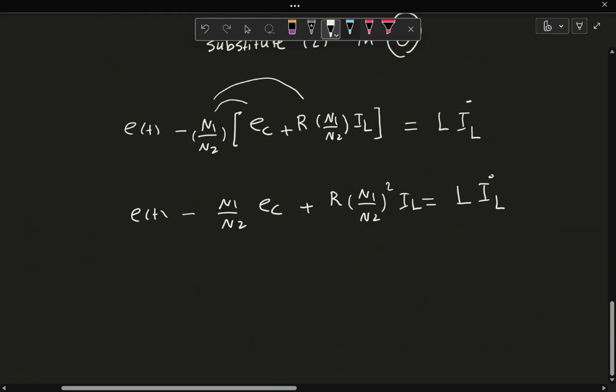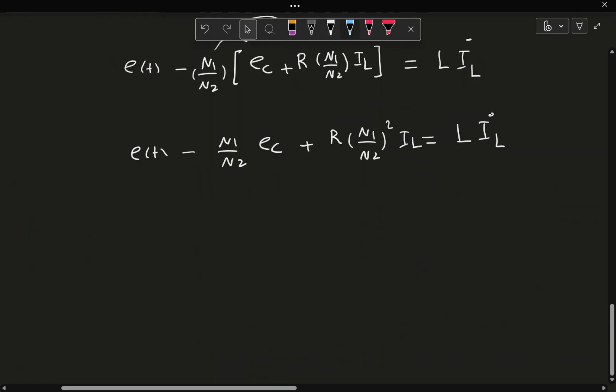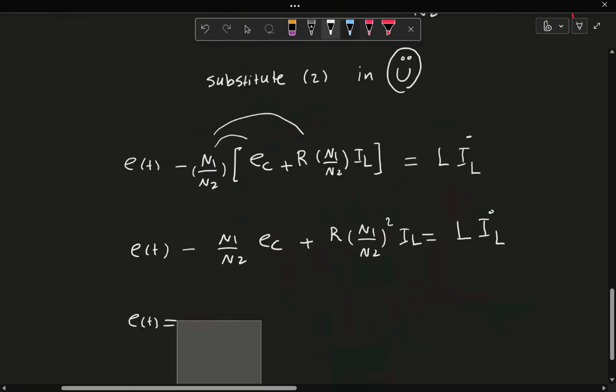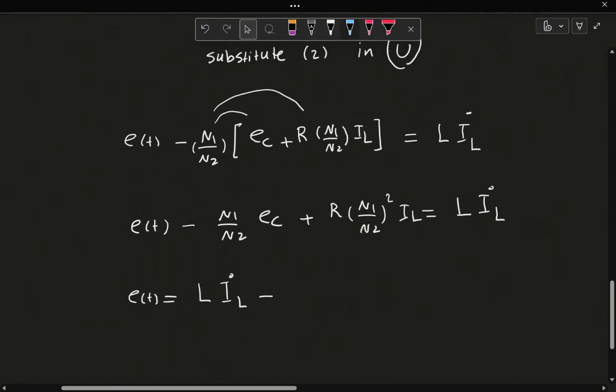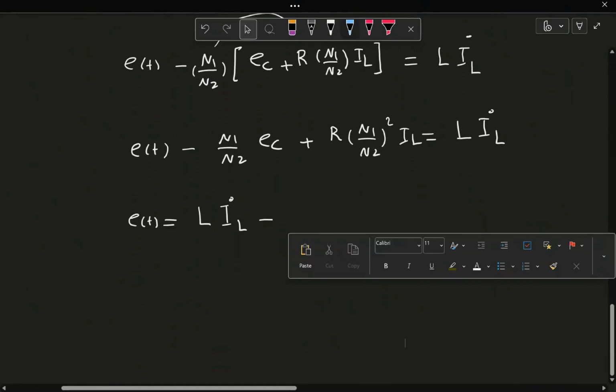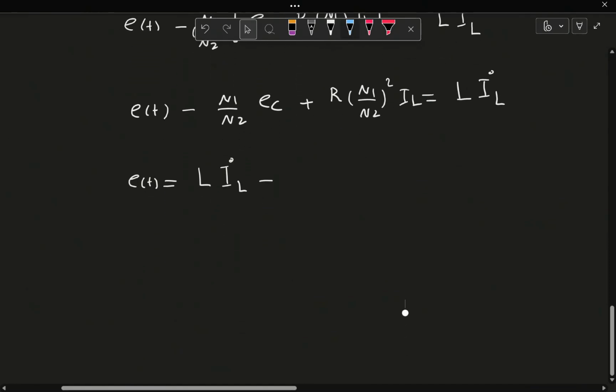Okay, and by just bringing all the dynamic terms on one side and keeping the input on the other side, you will have L I dot L minus R N1 over N2 squared IL plus N1 over N2 EC equals ET.